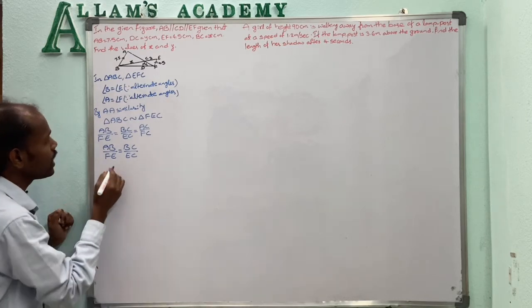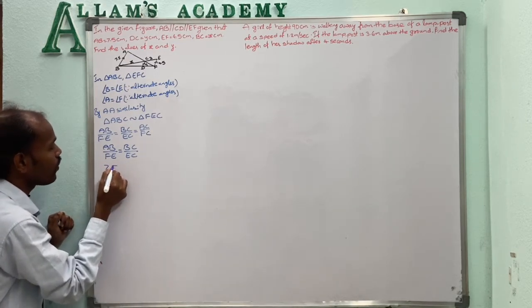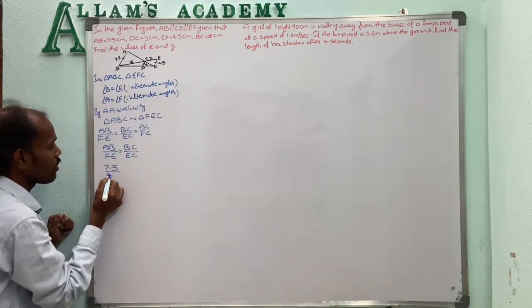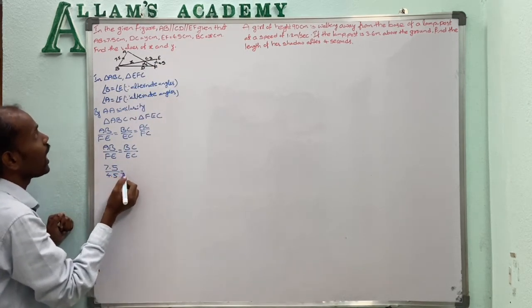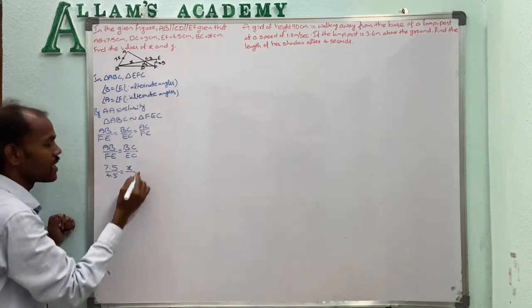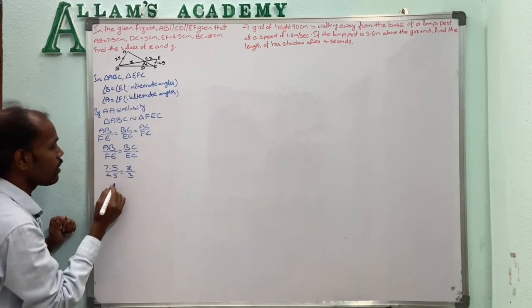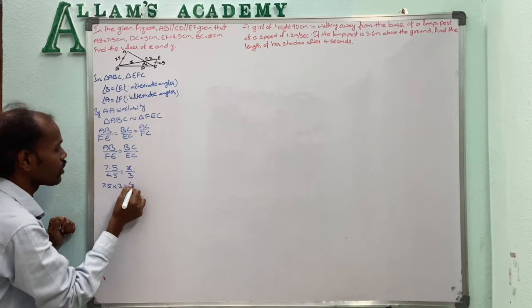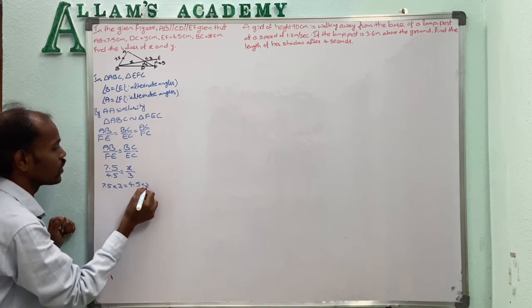AB is 7.5, FE is 4.5, BC is x, and EC is 3. By cross multiplication, 7.5 into 3 equals 4.5 into x.